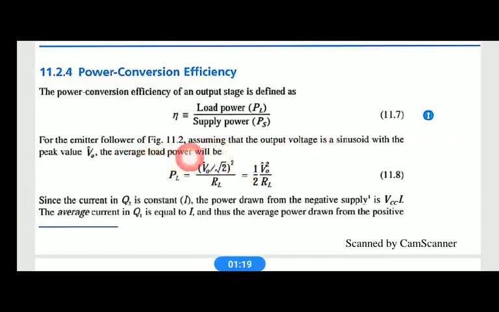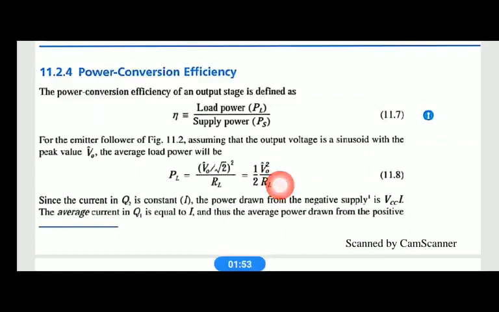Assuming the output voltage is a sinusoid with a peak voltage V0, let us find the average load power. You take the RMS of V0, which is V0 divided by root 2, and square it, divided by RL. That gives the load power, which is half of V0 square by RL.